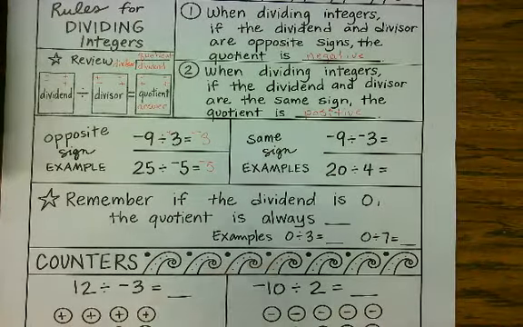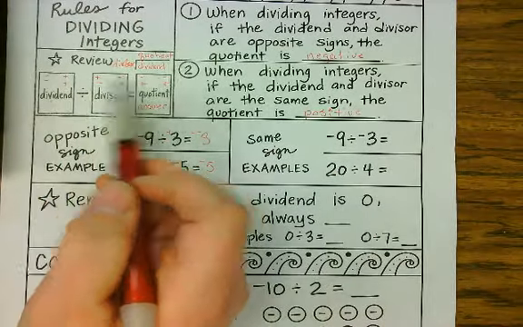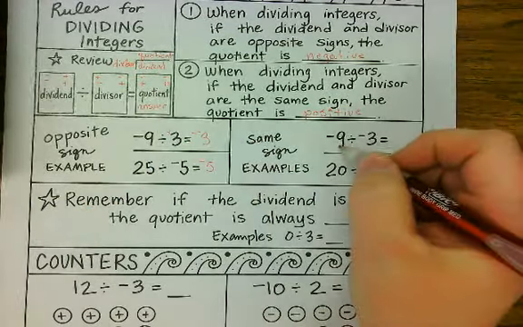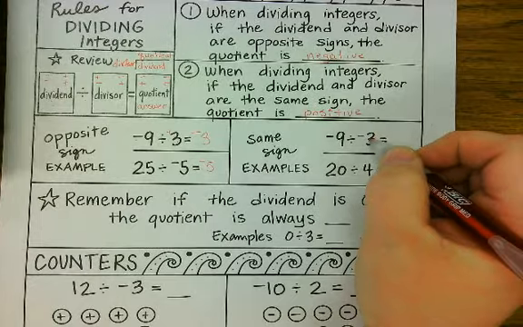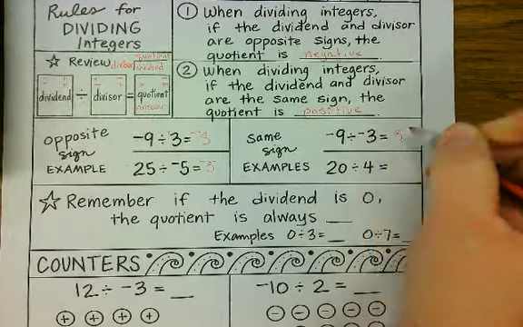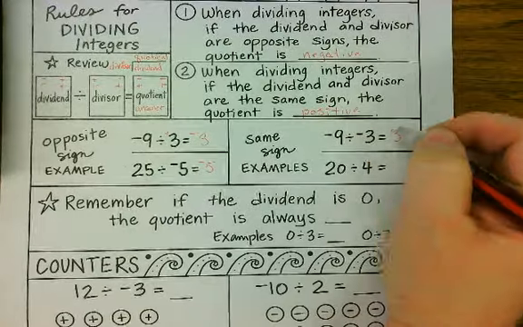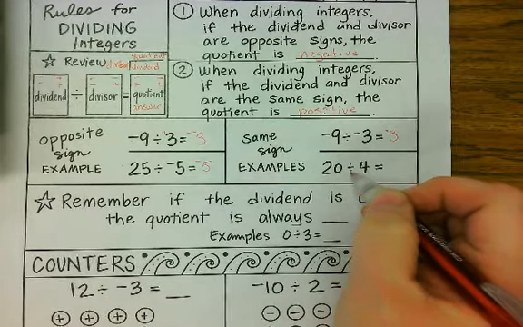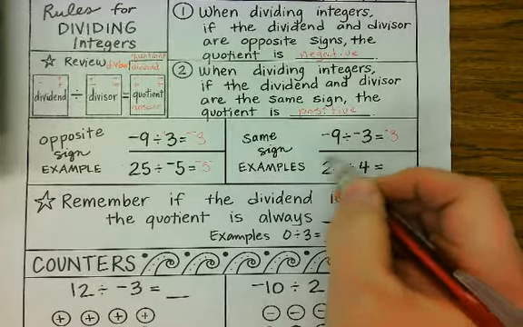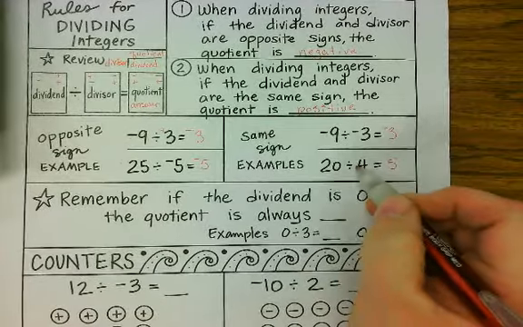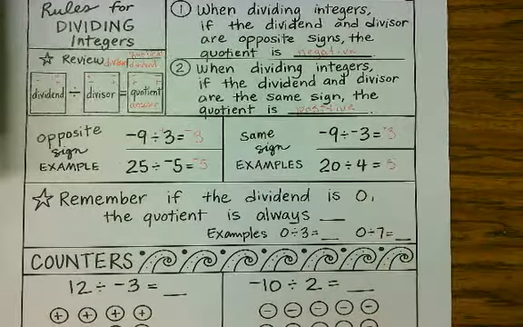Now, same sign. That's that negative and a negative is a positive, and positive and a positive equals a positive. So, a negative 9 divided by a negative 3, it's still 9 divided by 3 and gives me 3, but that negative and negative makes this one positive. 20 divided by 4 is 5, and it's a positive divided by a positive, so we have a positive.